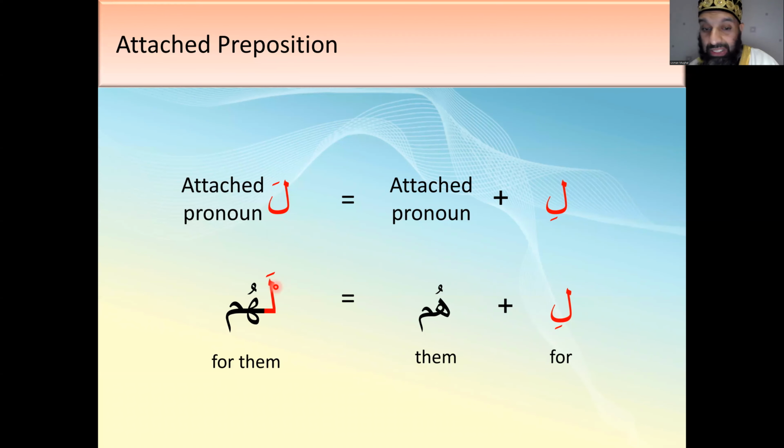It's not going to be lihim. It's going to be lahum. So if the lam is attached onto a pronoun, then it has a fatha on, and it just means for. So lahum means for them.